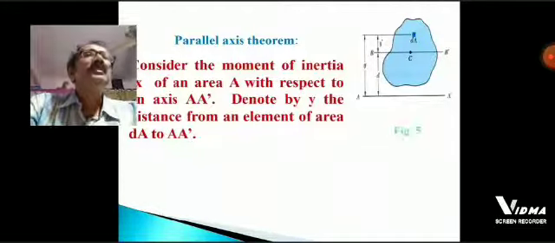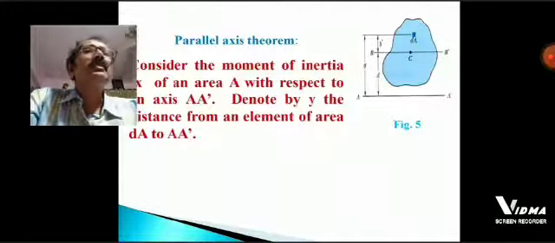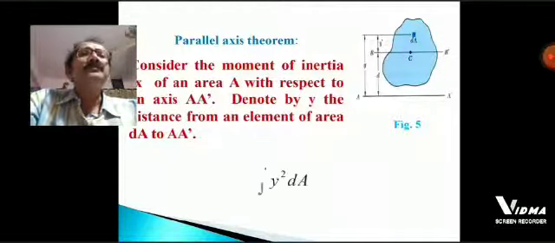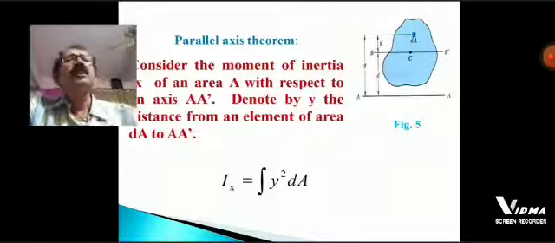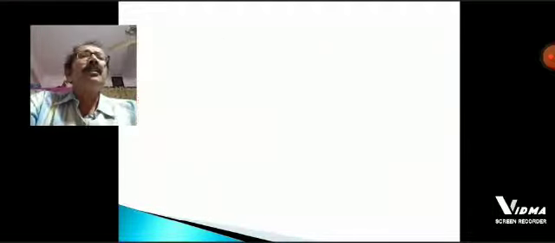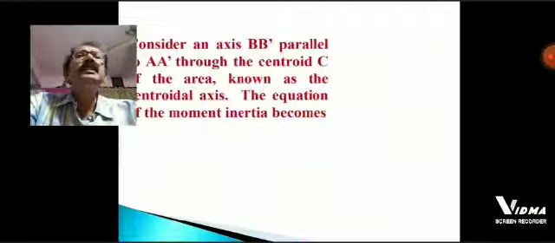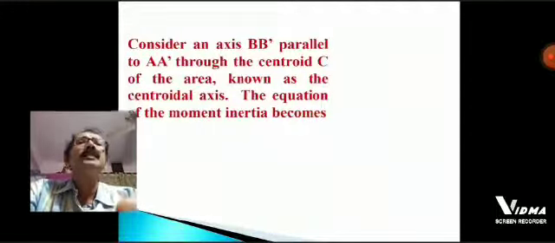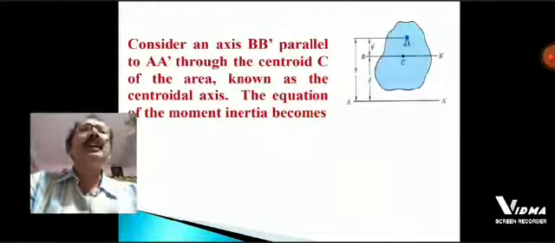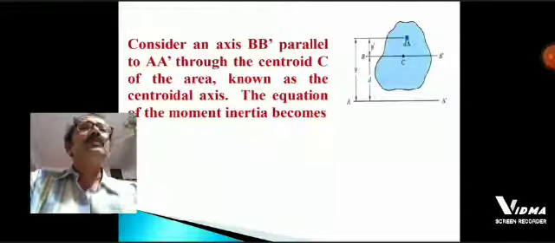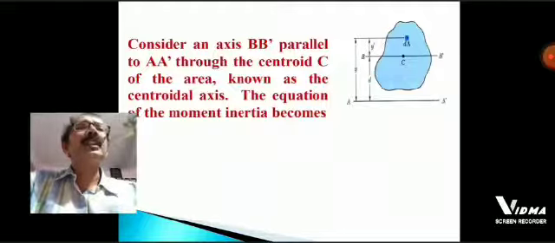So in this figure 5 it is clear that Ix is nothing but integration y square dA. Now consider an axis BB dash parallel to A dash through the centroid C of the area, known as the centroidal axis.